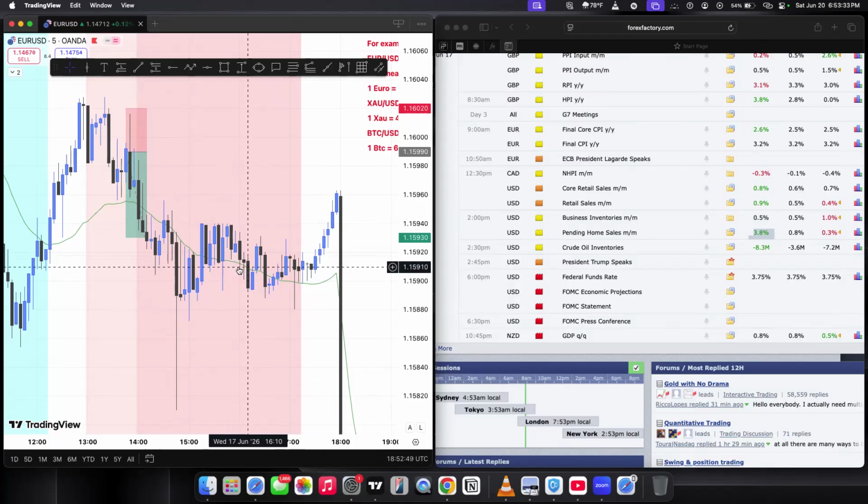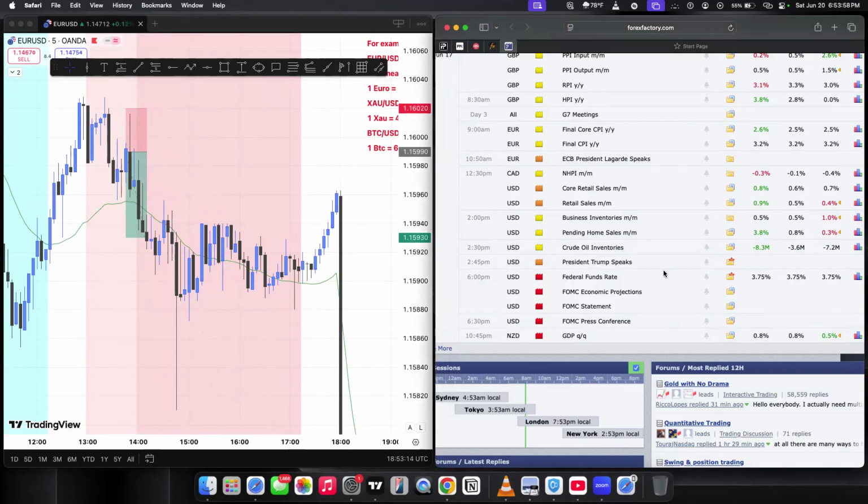But if I was to hold this trade right here and wait for the news to be released, and the news was not in confluence with the bias, then I would have to either break even or just sacrifice that trade. So that's how I understand trading with fundamentals. And also how to read it is how I've said it.